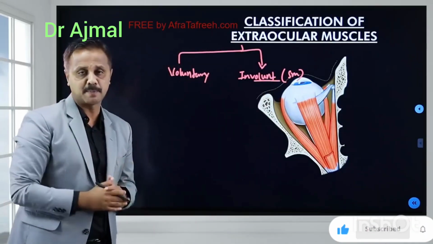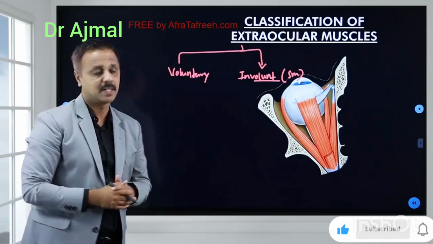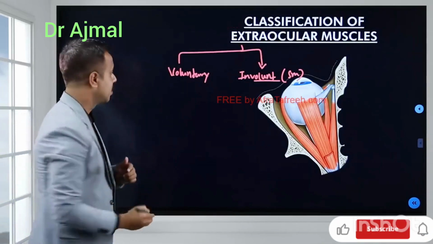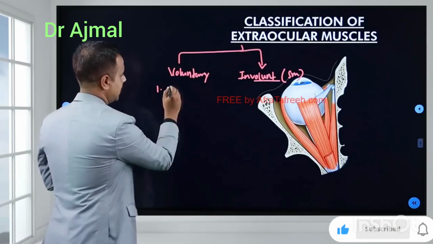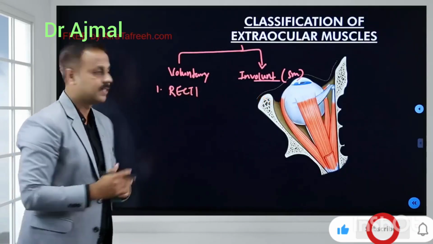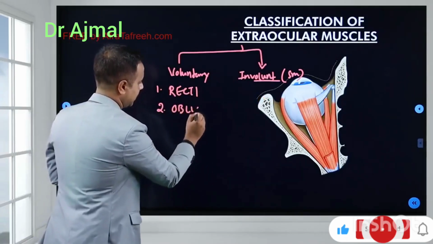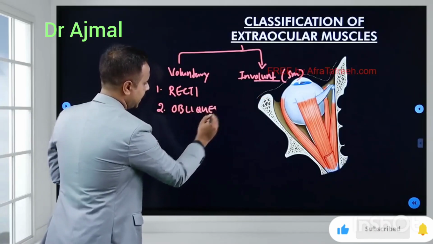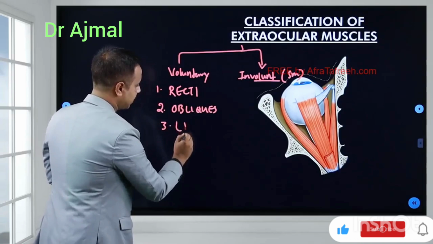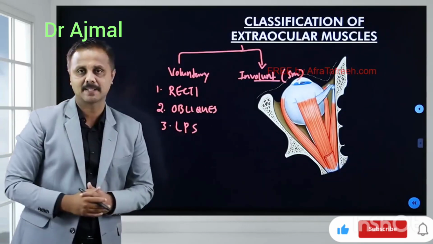They are unstriped muscles, whereas voluntary muscles are striped muscles. Now, voluntary muscles include recti. Okay? Then it includes obliques. And finally, it includes levator palpebrae superioris, commonly referred to as LPS.